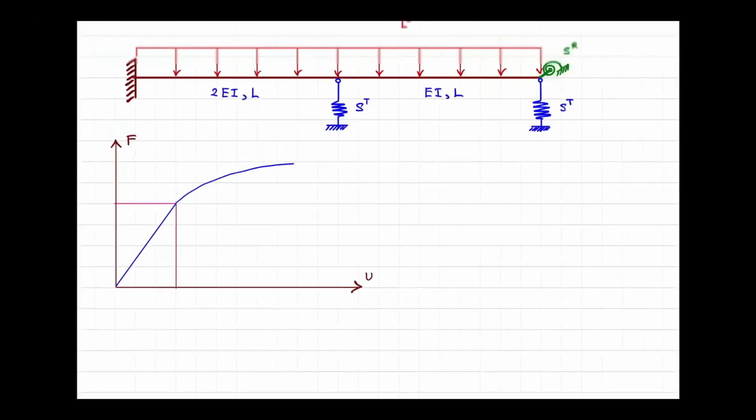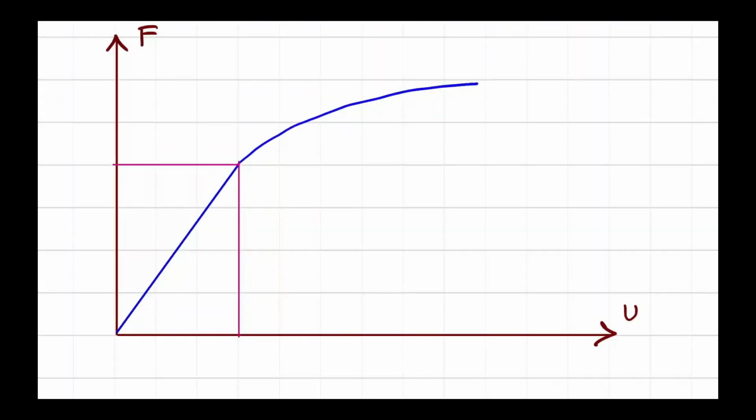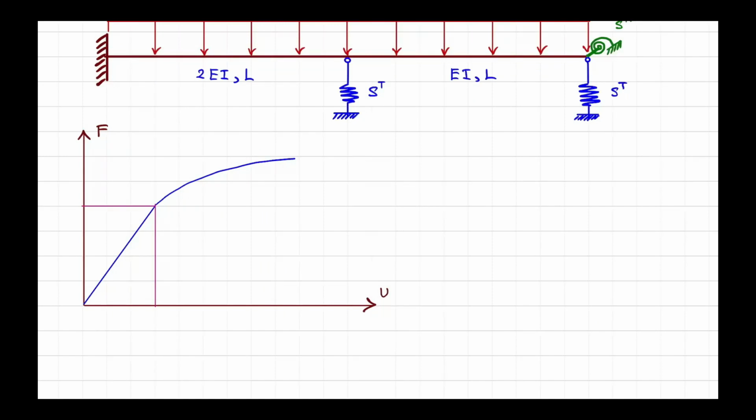If we want to make sure that it yields, I put high stiffness but low yield force, it will yield, right? If you have low stiffness and low yield, maybe it doesn't yield. High stiffness means small deformation, it mobilizes the load very quickly.